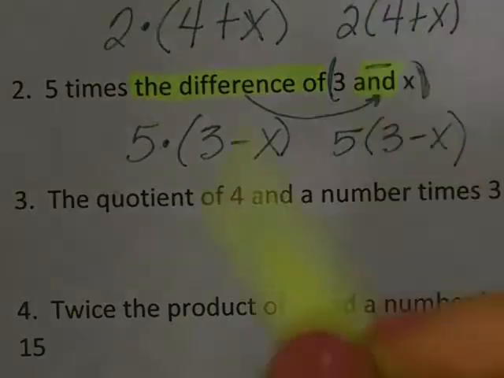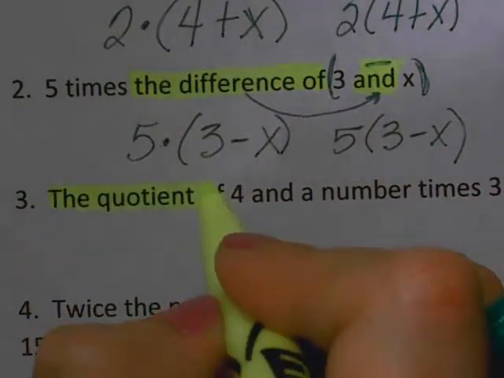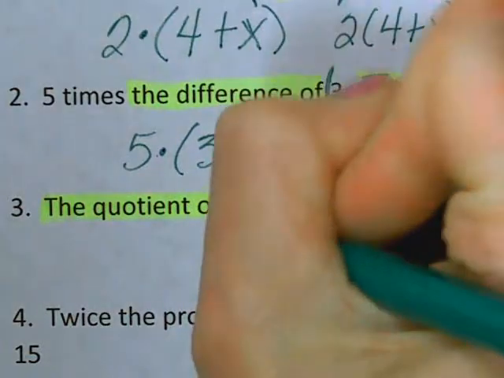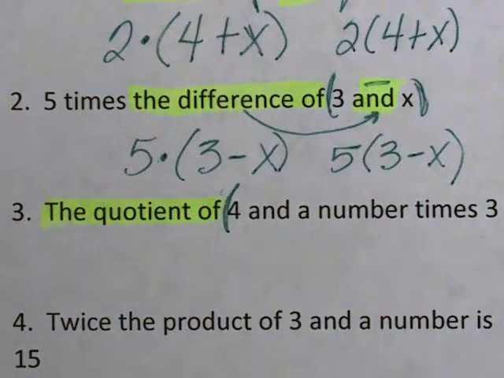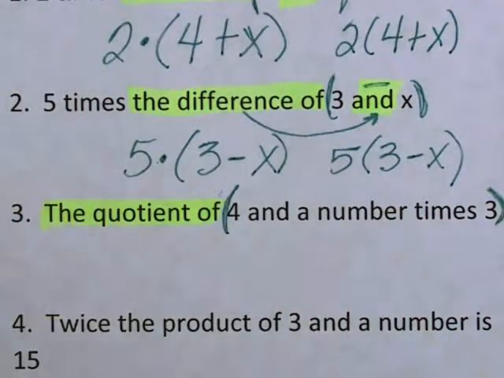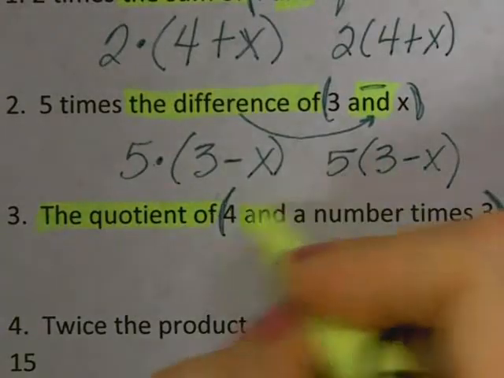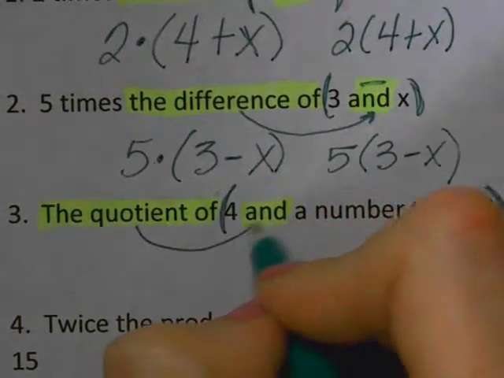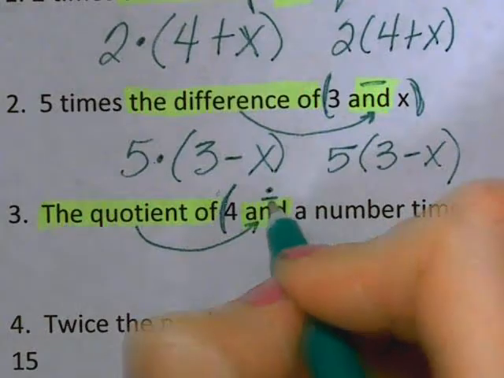Number 3, the quotient of. So it immediately starts off with this phrase, the quotient of, and it's 4 and a number times 3. So I'm going to put all that together. What does the "and" mean? Well, it's quotient this time, so that means division.